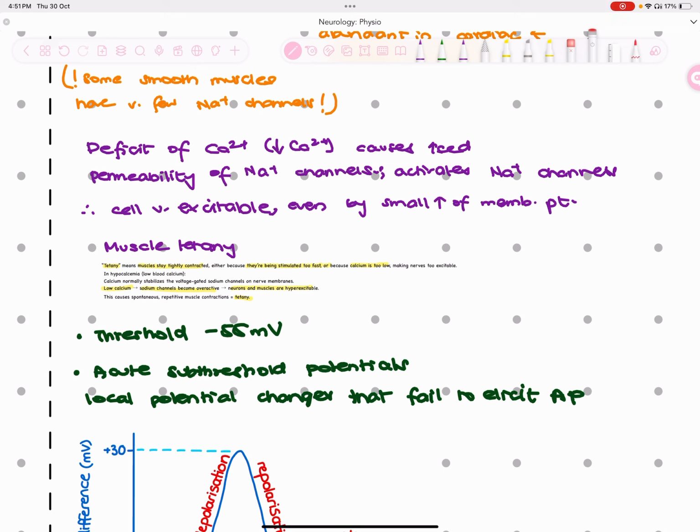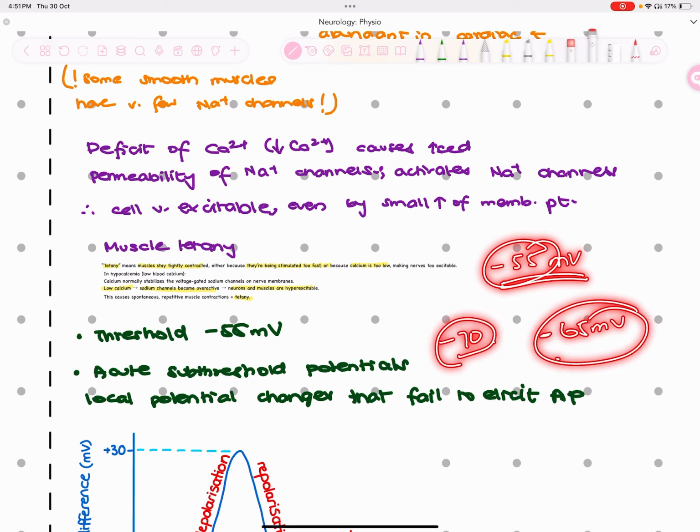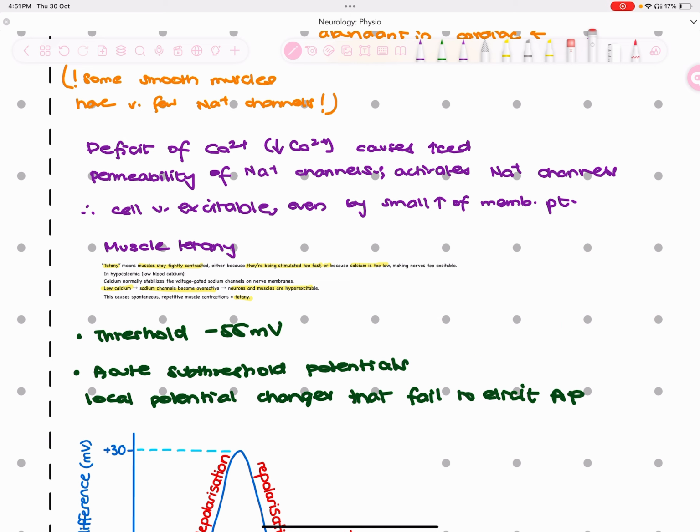Even a small increase in membrane potential is enough, you do not have to reach minus 55 millivolts. For example, this is your resting membrane potential. Even if it comes to minus 65 millivolts, a small increase is enough to cause depolarization. So it makes the cell highly excitable, and this causes muscle tetany.